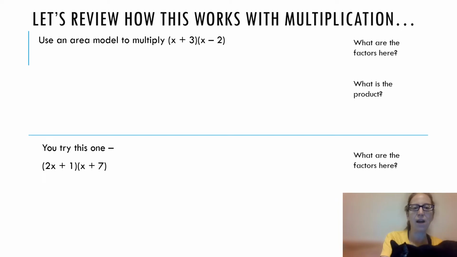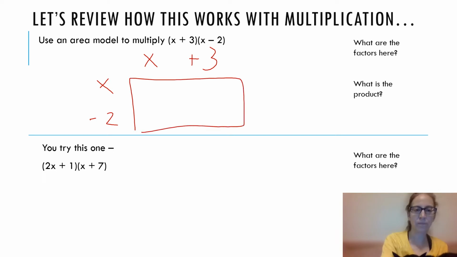If you have x plus 3 and we want to multiply that by x minus 2, you could represent that on a rectangle like this. Oh, wait a minute, not like that. Don't make it a 12 because it's not. Okay. And what we do is we think of this as being one large rectangle that's comprised out of 4 smaller rectangles.